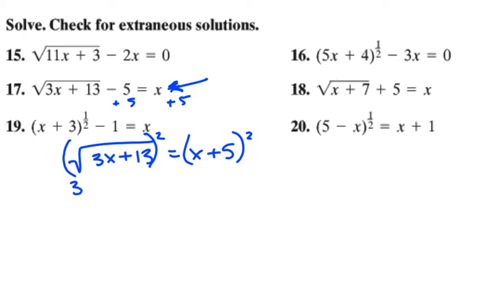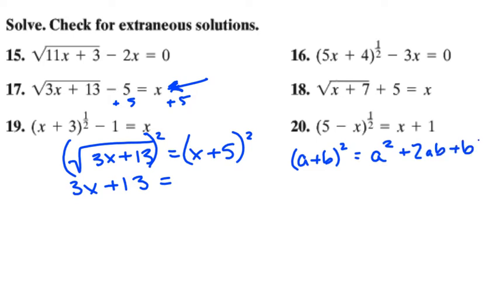So this gives me 3x plus 13 equal to, now remember, this is not just going to be x squared plus 25. This is going to give you this property here. A plus b squared is equal to a squared plus 2ab plus b squared. All right, you need to know that. X squared plus 10x plus 25.